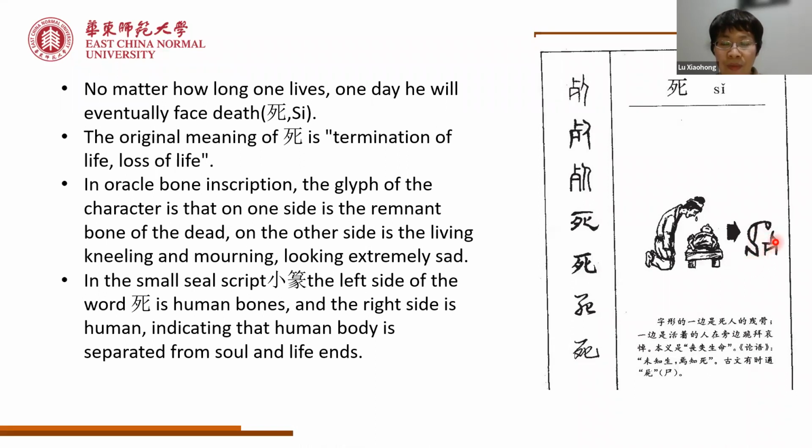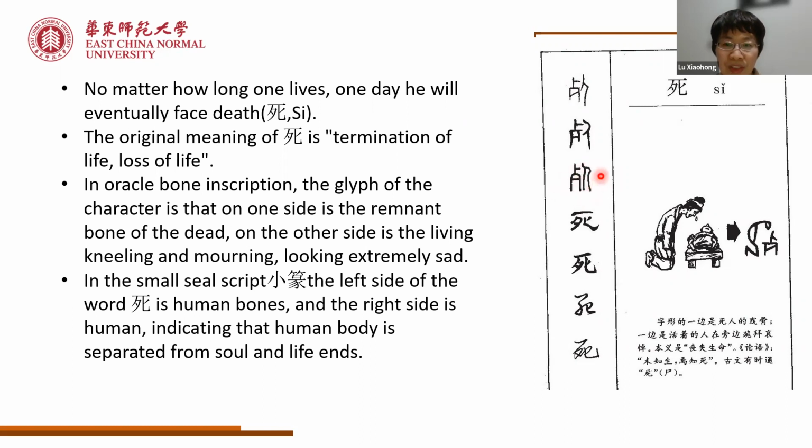So this is the remnant, the bones, the remains. In the small seal, the left side of the word dead is human bone, while the right side is a person, indicating that the human body is separated from soul and the life ends.